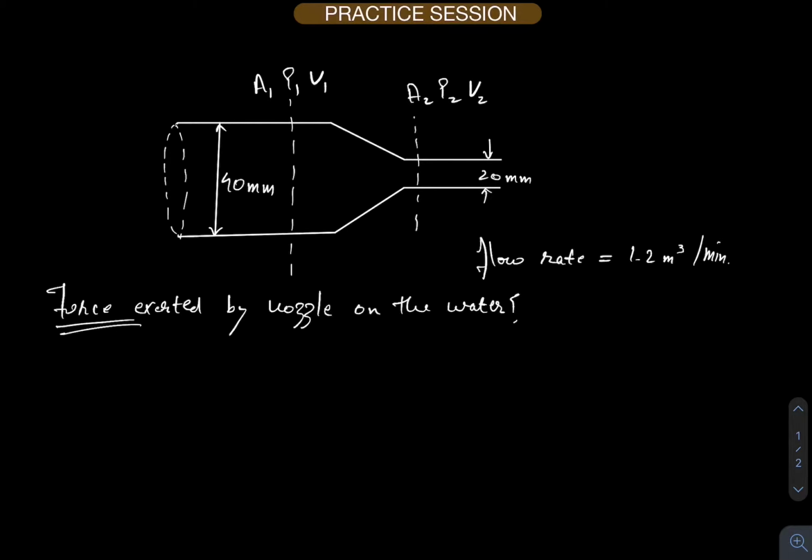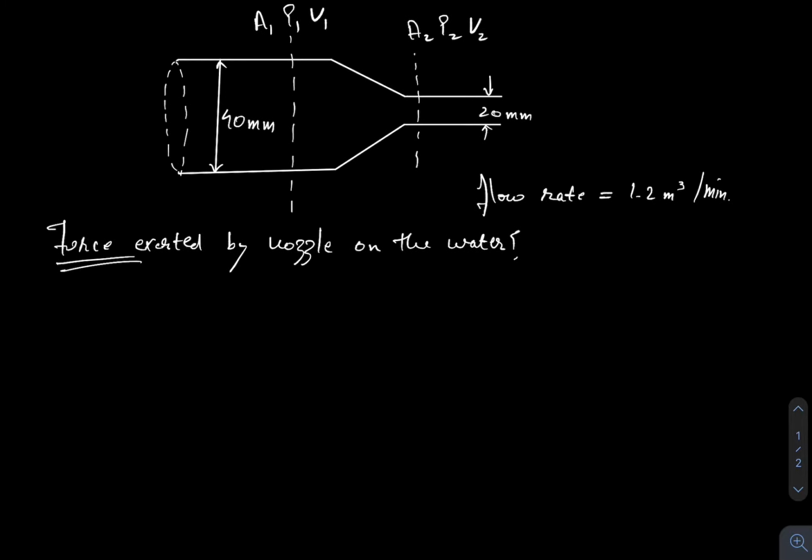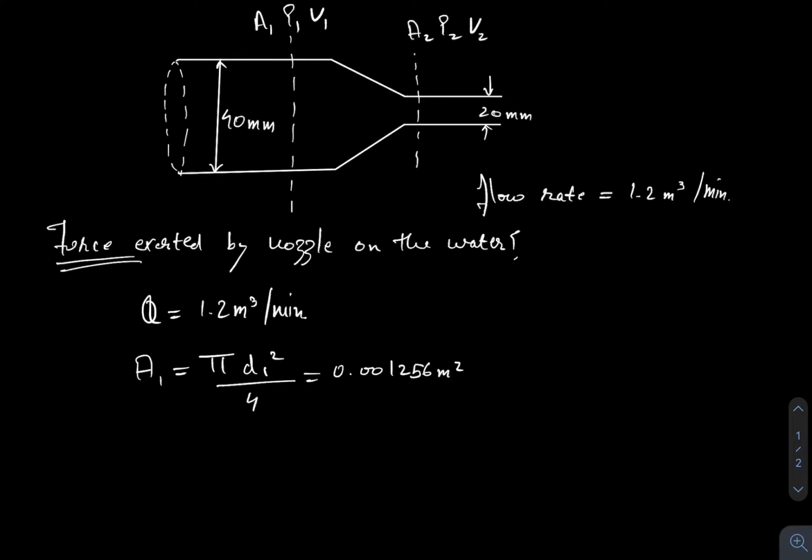First of all, let's find the areas, as the diameters are known to us. A1 will be equal to pi D1 square by 4. D1 is 40 mm, and after calculation you will find it is 0.001256 meter square.